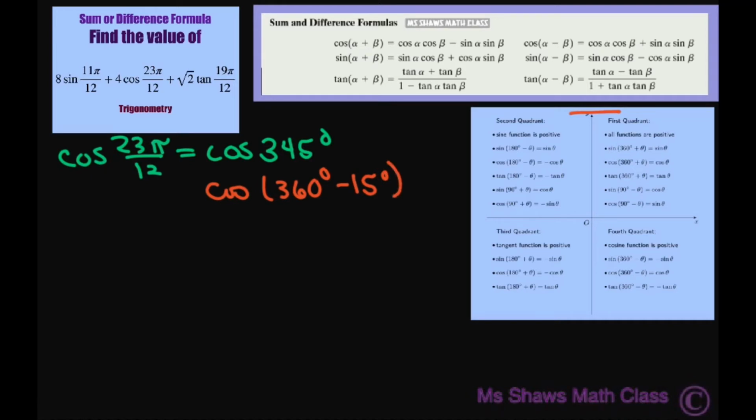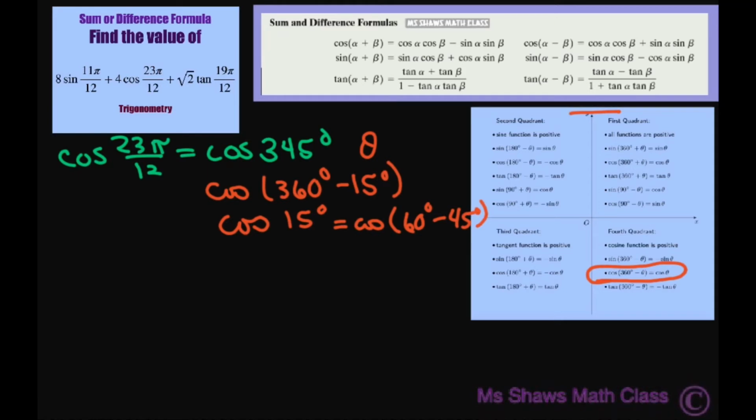So if you're looking at 360 minus your angle here in quadrant 4, that means that's just going to be cosine of my angle, which is 15 degrees. And then I can write this as cosine of 60 degrees minus 45 degrees.